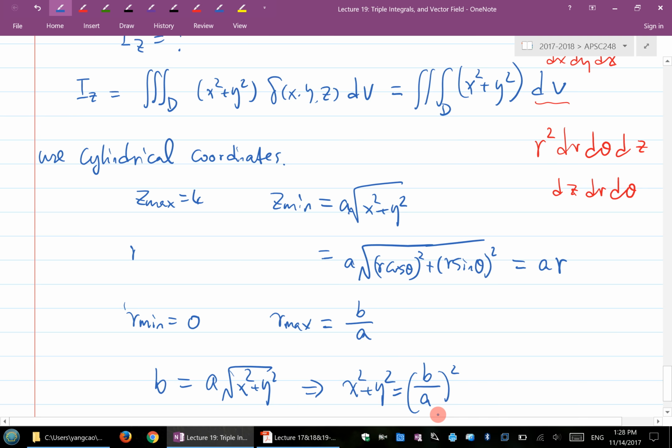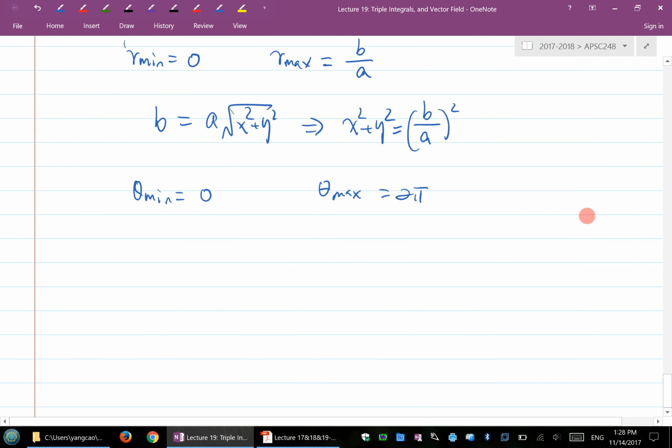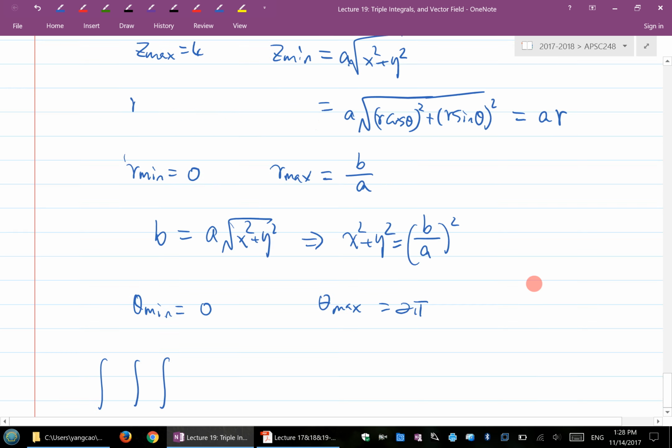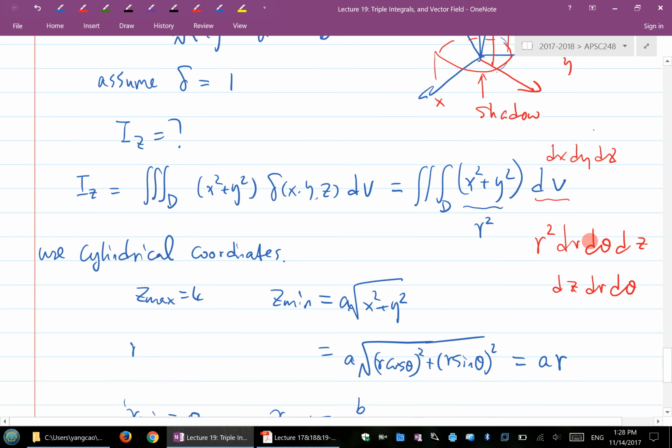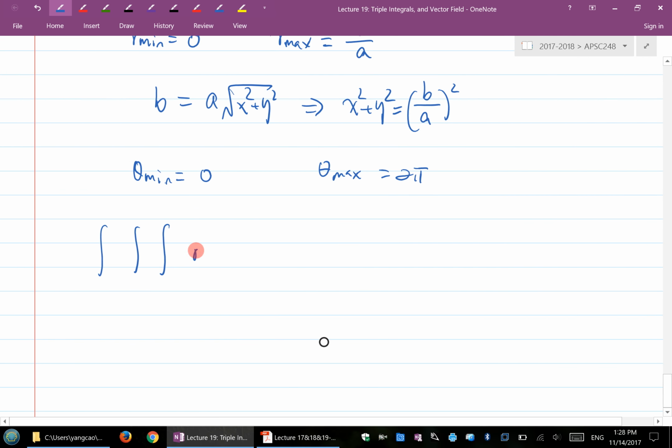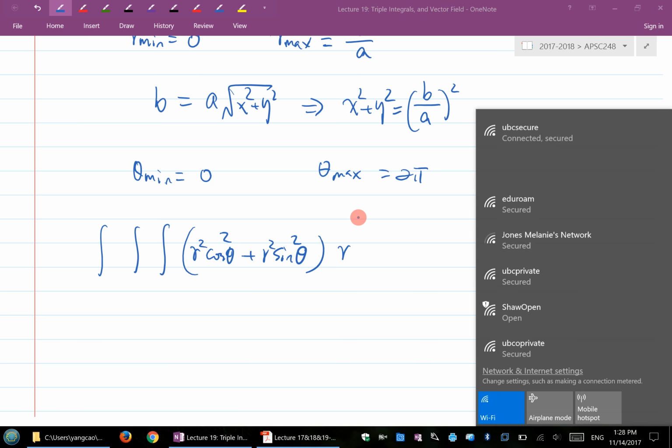Okay. Good. So finally, I can set up this triple integral now. Here you have x squared plus y squared, which gives you r squared once you substitute r cosine theta and r sine theta into it. And then you have r squared.